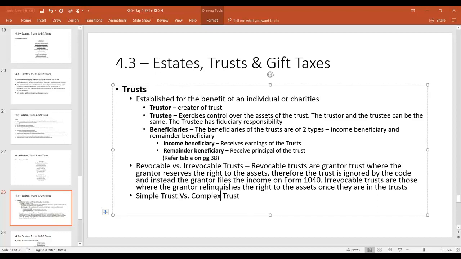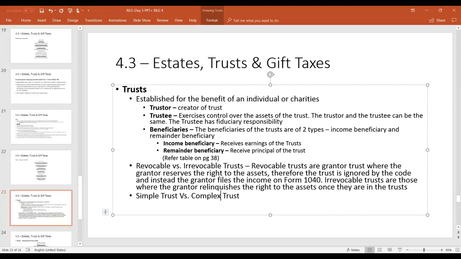It may keep some of the income, in which case the trust ends up paying income taxes because it is not distributed. And understand, guys, right? Initially when we did the reg introduction, I had mentioned that trusts also are kind of a pass-through entity. So if the trust distributes everything to its beneficiary, it will be through the K1, and then the beneficiary reports on their individual income tax return.